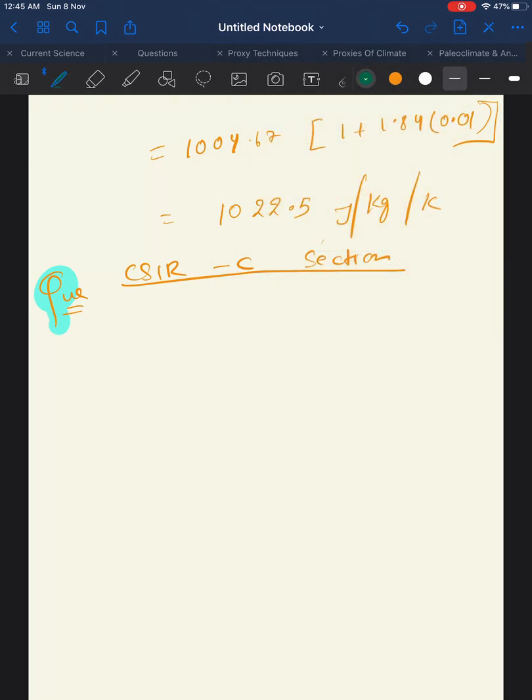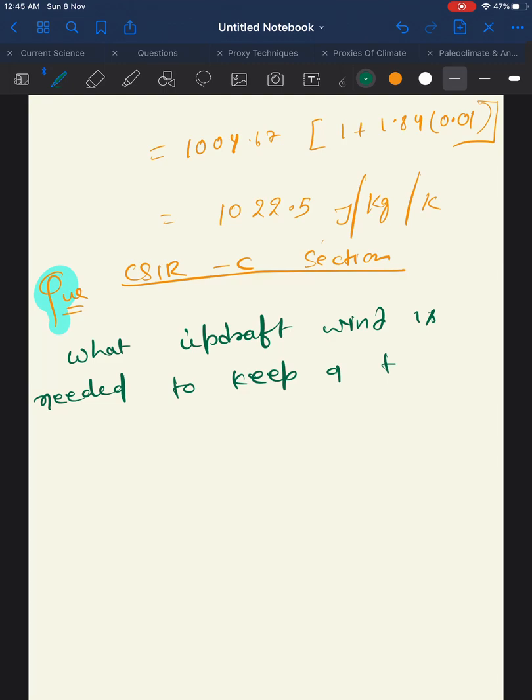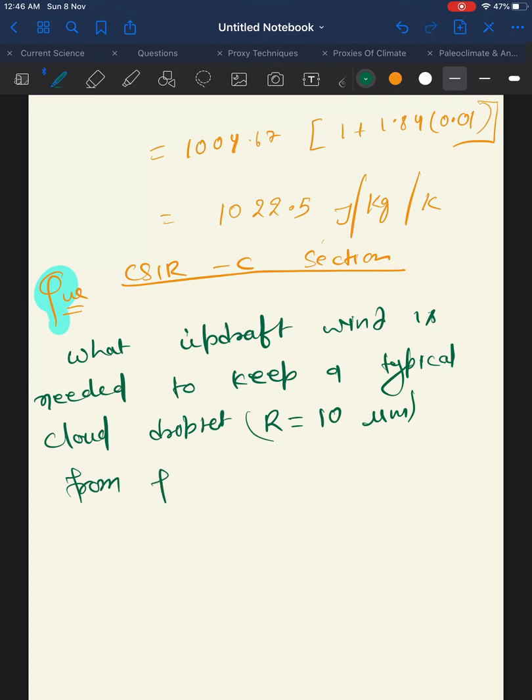Okay, so the question is what updraft wind is needed to keep a typical cloud droplet from falling, having R equal to 10 micrometer. This is the radius of that droplet.